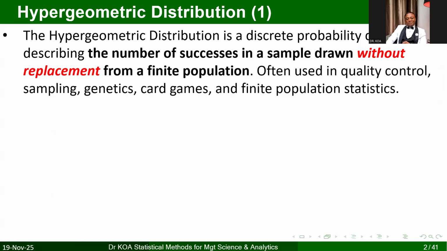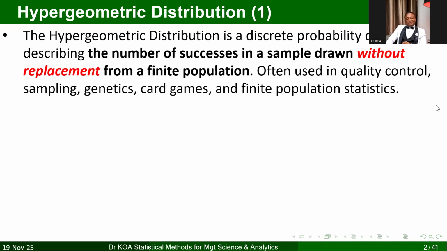Yes, sir. Okay. So the hypergeometric distribution is a discrete one, which simply means that it deals more with positive integers. And it describes the number of successes in a sample without replacement. The key word is without replacement.